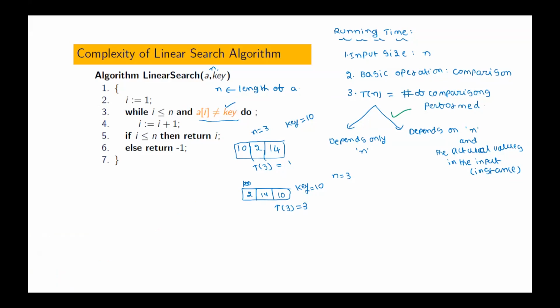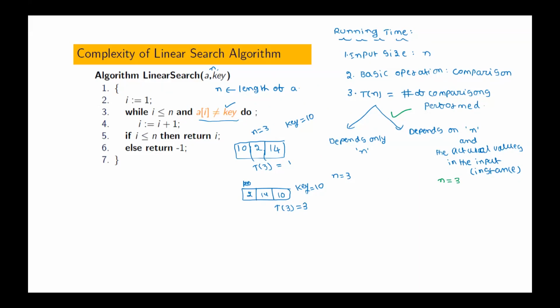Now, if it depends on the input instance, that means not only on the input size but also on the actual values in the input, what is the problem that we get? Similar to the previous example. Even if I tell you that n equals 3, will you be able to clearly tell me the number of times the A of i not equal to key operation is performed?